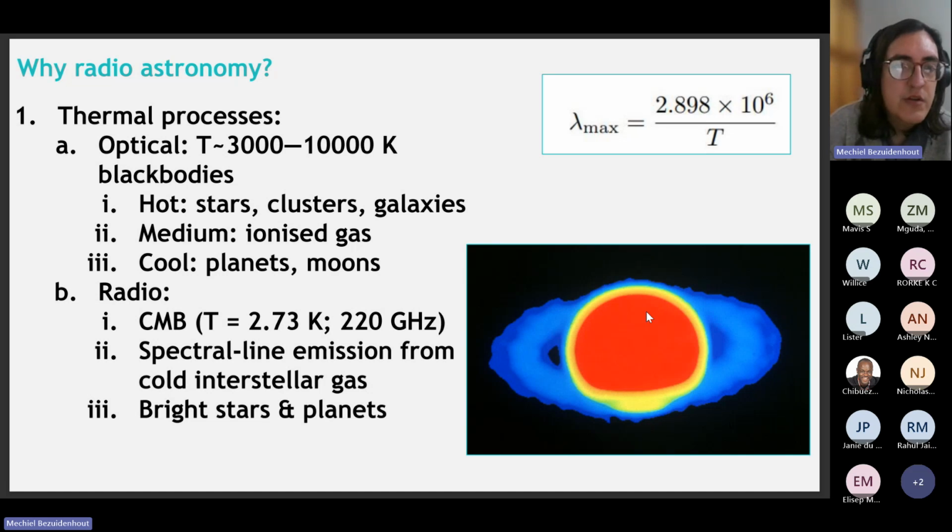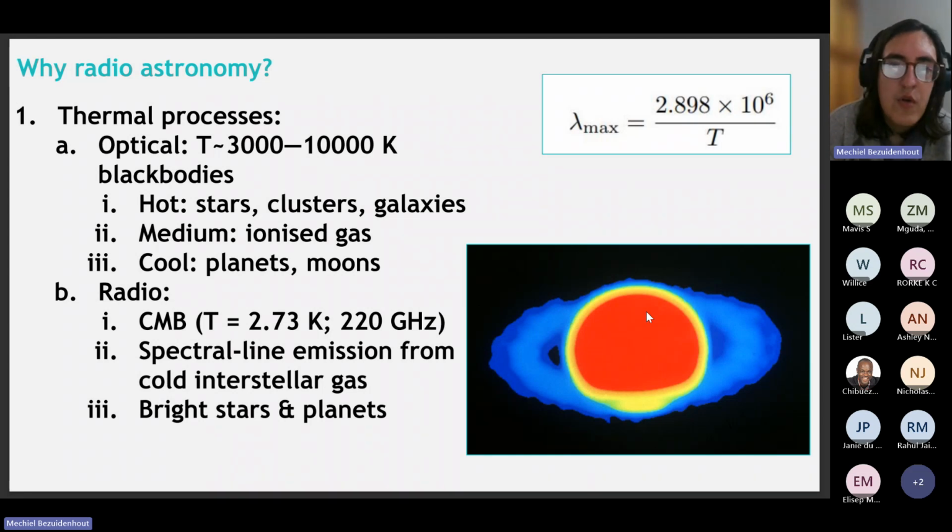So thermal emission is emission caused by exactly what it sounds like, the temperature of some body or some assembly of particles that have a certain distribution of temperatures that cause emission in a black body spectrum. And the peak of that emission is inversely proportional to the temperature of the emitter.